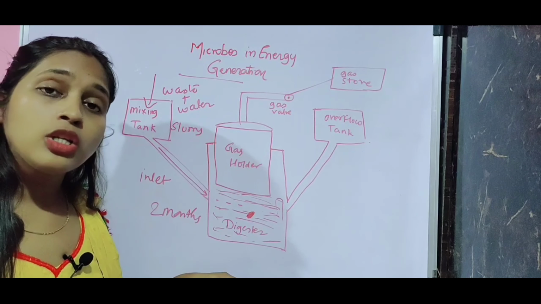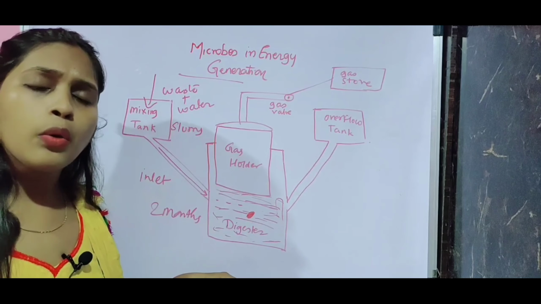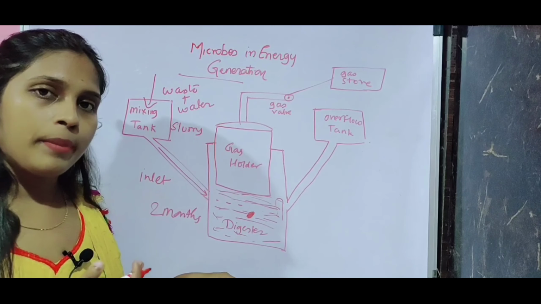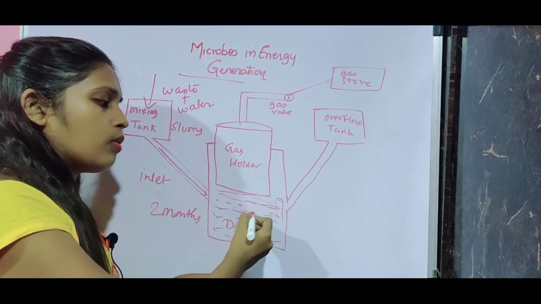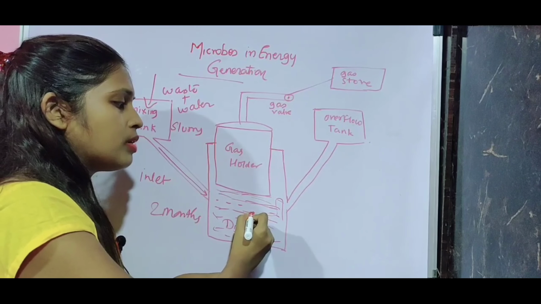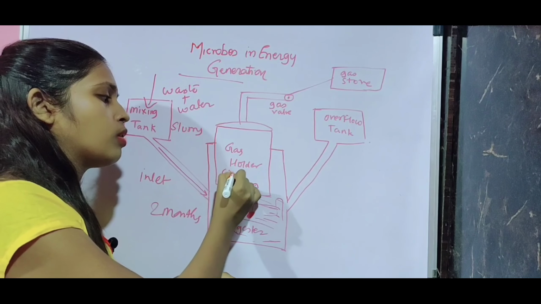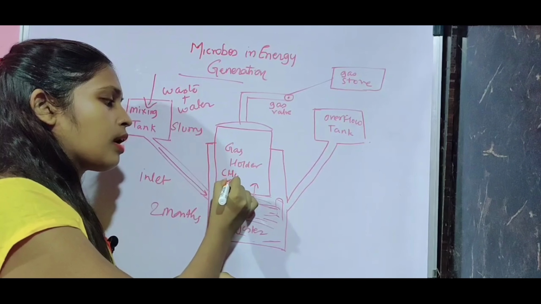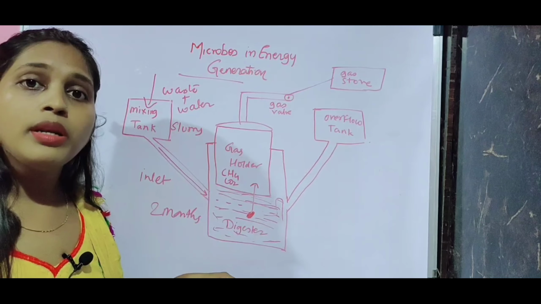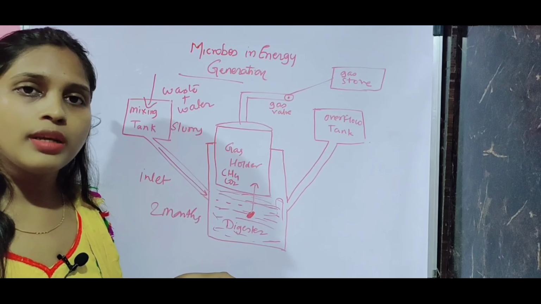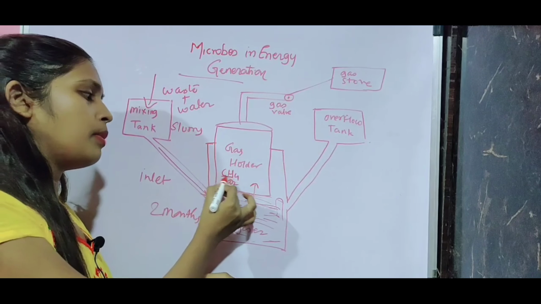The digestion of this organic matter is done by these anaerobic bacteria. This digestion of the organic matter results in the formation of methane, carbon dioxide and different gases. The predominantly highest portion of the gas which we are getting is methane.